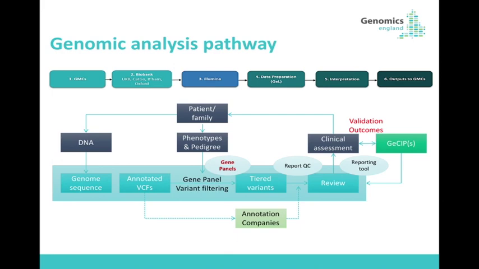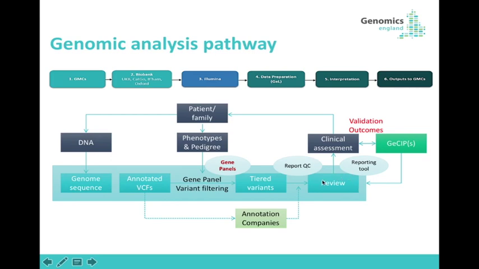Clinical bioinformatics is often applied to the genomic analysis pipeline. This is the pathway described by Genomics England, whereby DNA from patients and their phenotypes are inputted into a variant analysis pipeline.